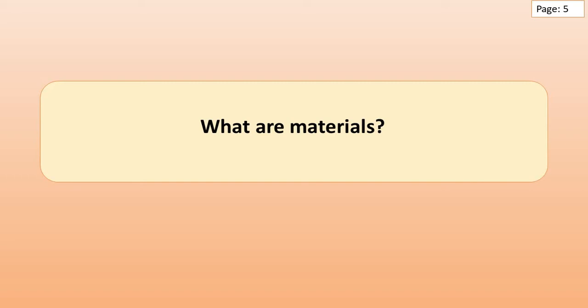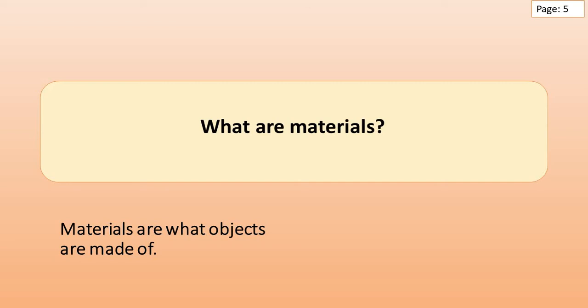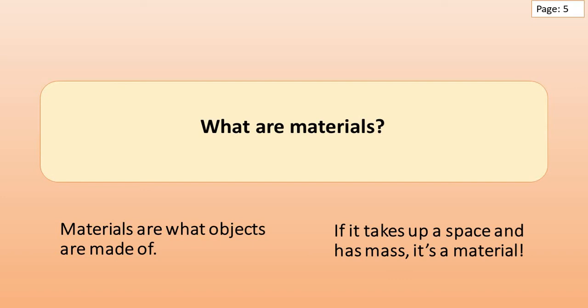So, materials are what objects are made of. Anything you can touch with your fingers is an object made of materials. If it takes up a space and has mass, it's a material.